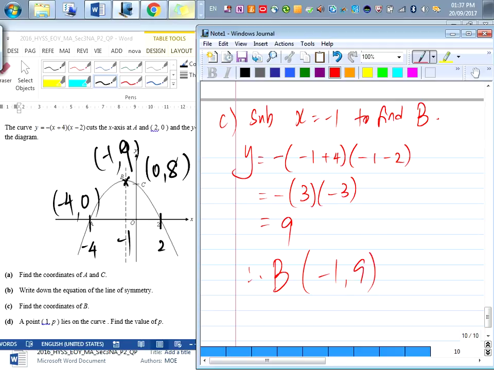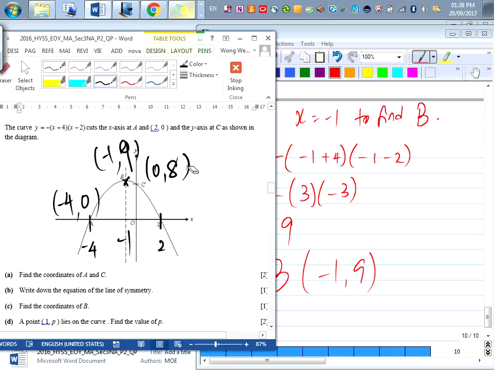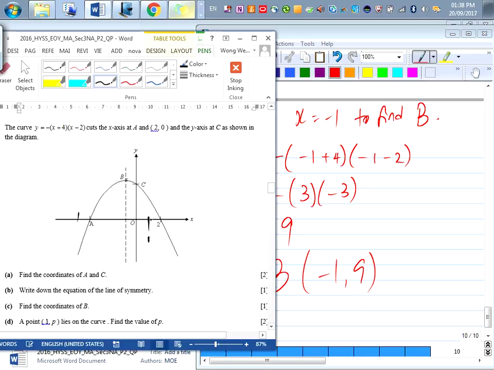Okay? Now part D. A point 1, P lies on the curve. 1, P is somewhere here. This is 1. And the coordinate will be 1, P. That means this value over here is P. Find the value of P. How?